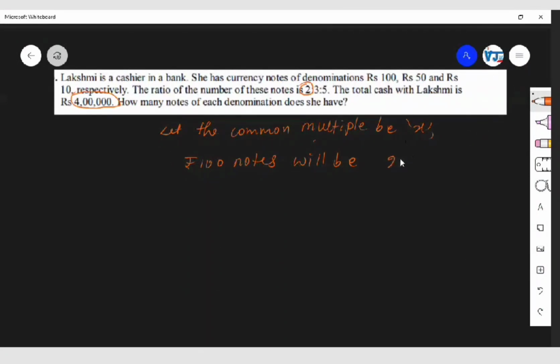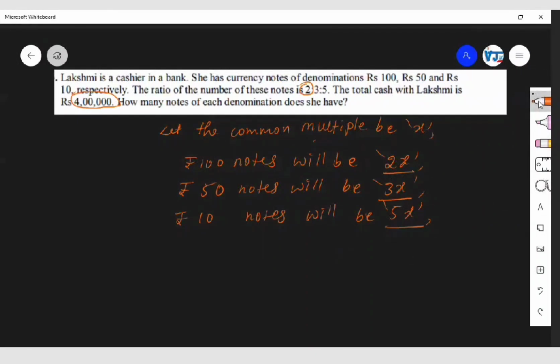So that becomes 2x. Then rupees 50: 3x. Good. Then rupees 10: 5x. These are the number of notes, students: 2x, 3x and 5x.